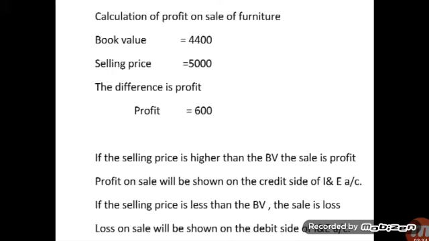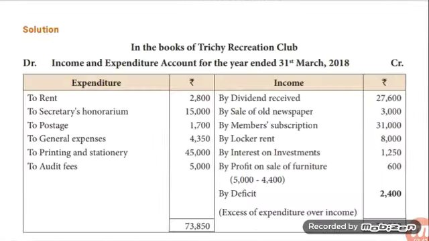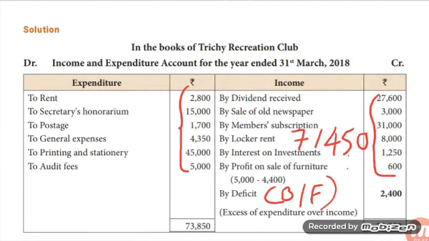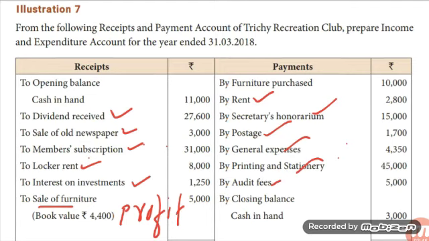Understood? What is the profit on sale of furniture? Rupees 600 is the profit on sale of furniture and it will be recorded on the credit side of income and expenditure account as by profit on sale of furniture, amount 600.